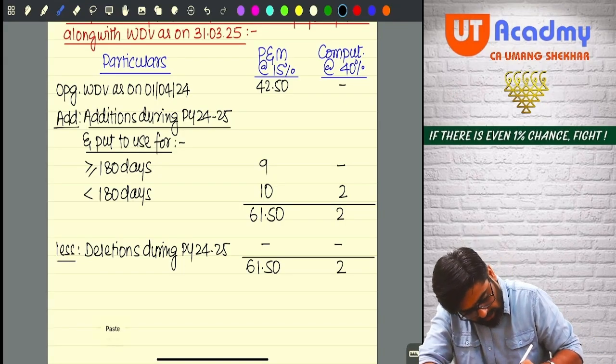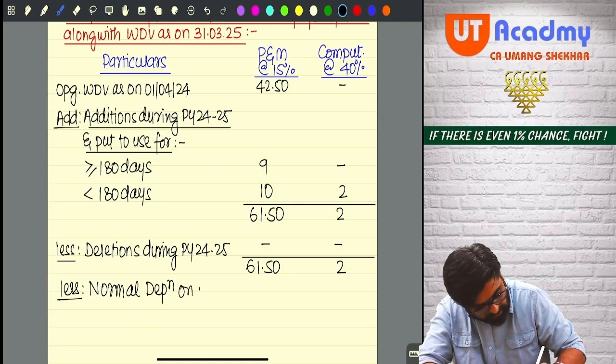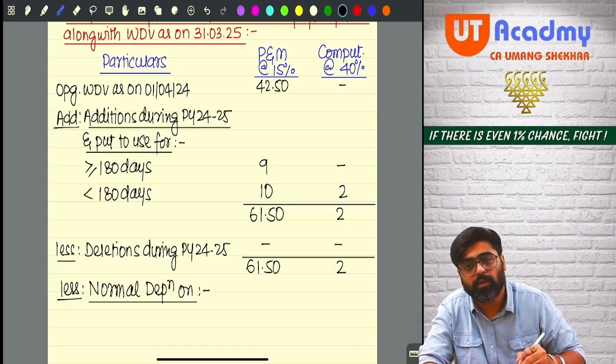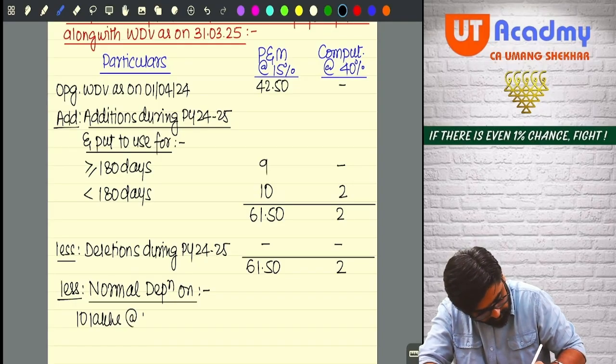On this now I will calculate normal depreciation. Normal depreciation on entire 61.5 at 15%? No. Out of that, on 10 lakhs at half rate.